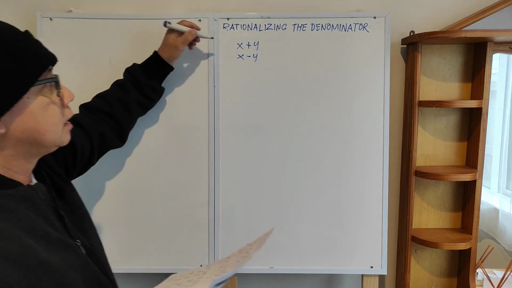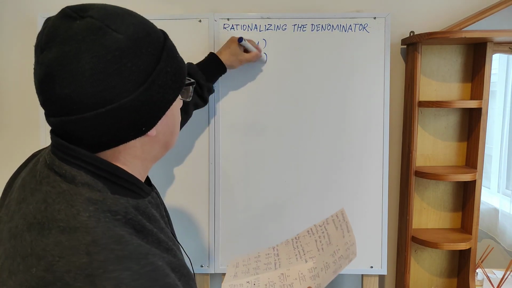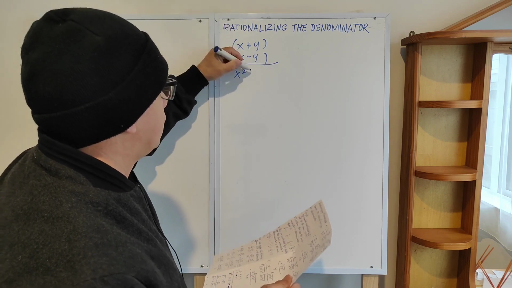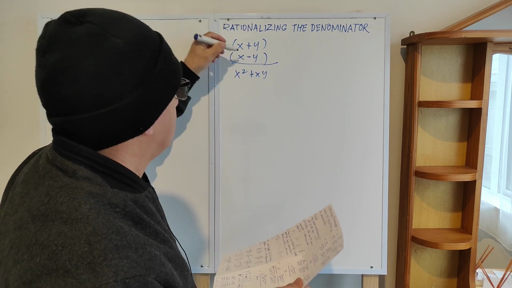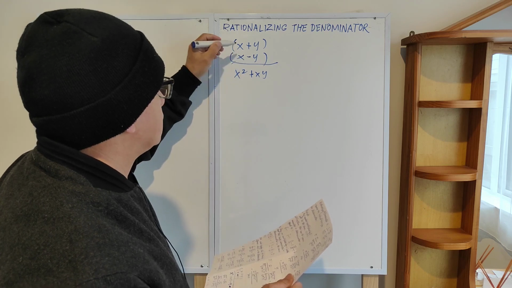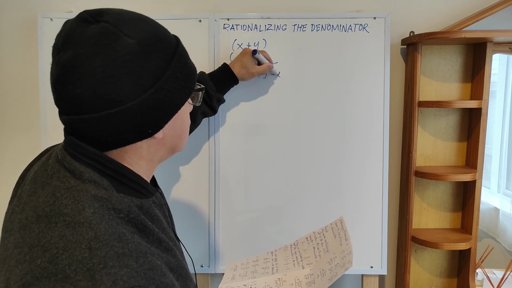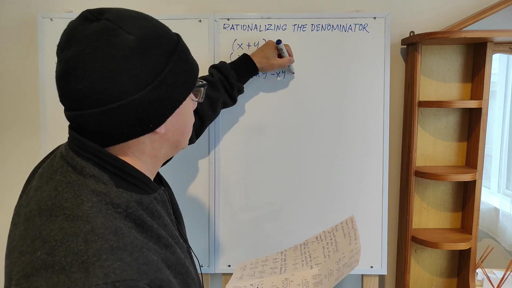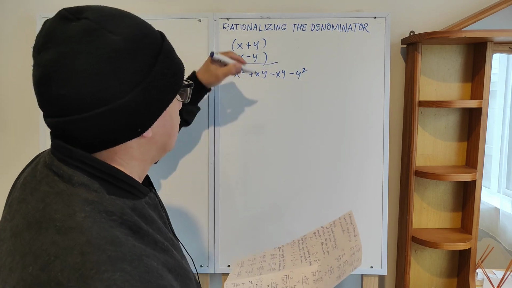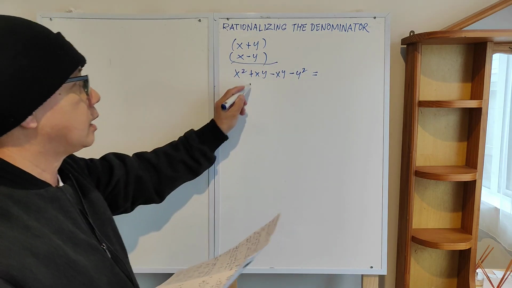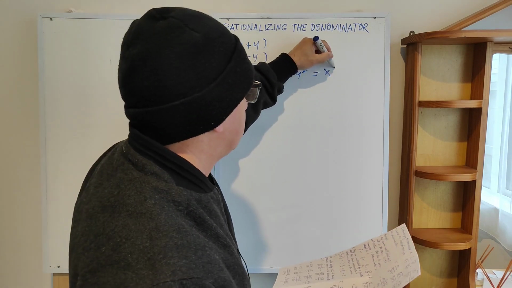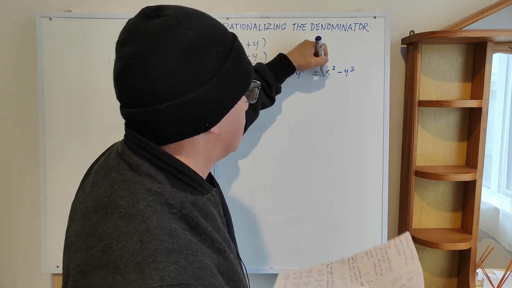If we multiply these two, x times x will be x squared, x times y will be xy, negative y times x will be negative xy, and then negative y times positive y will be negative y squared. If you combine these, they will cancel out. What will be left is x squared minus y squared.